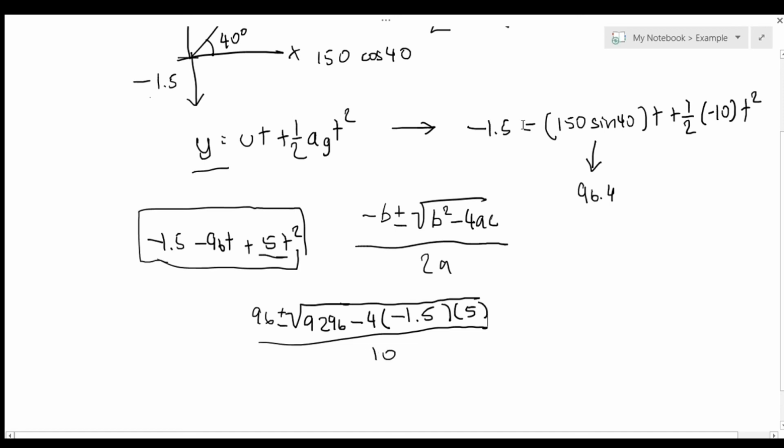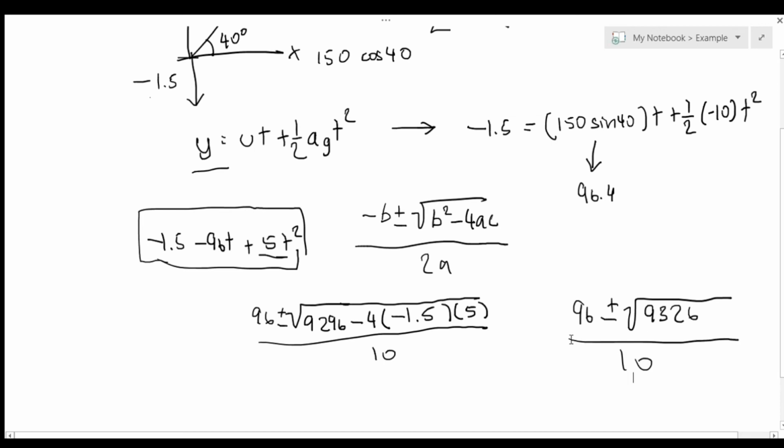We can then finish solving this quadratic formula by substituting in and solving everything else, which would be 96 plus or minus the square root, and after adding in all the values, we will have 9,326 over 10.